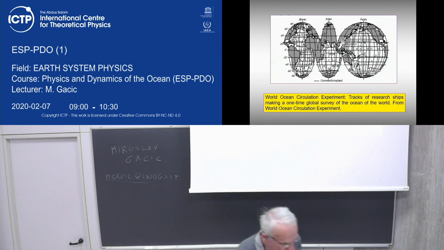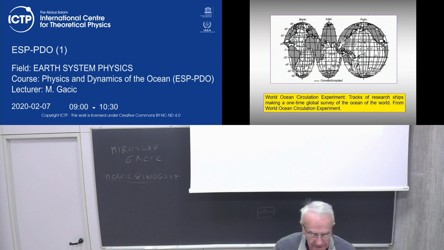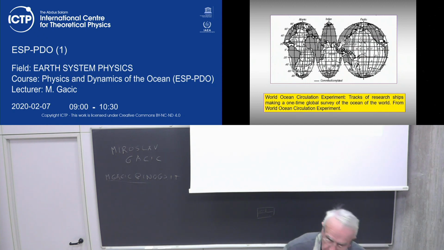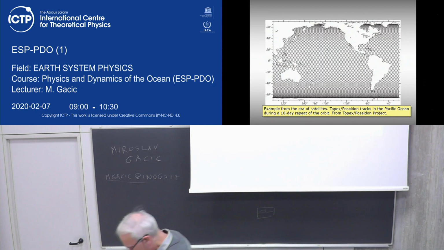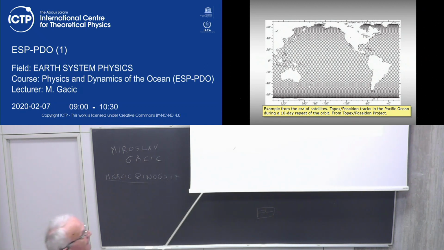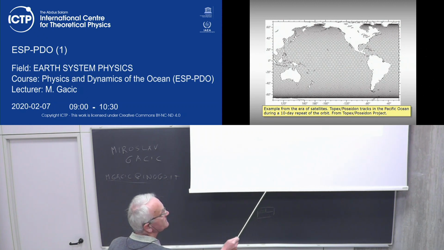So this is how the idea evolves, and as a consequence of the evolution of these ideas, there is evolution of the measurements, but not only because of the evolution of the ideas, it's also because of the evolution of the technical possibilities. And we are now in the era of remote sensing data, and these are the Topex Poseidon tracks.